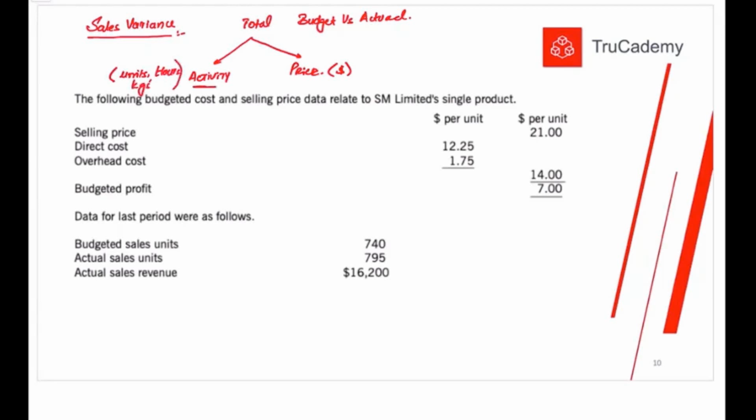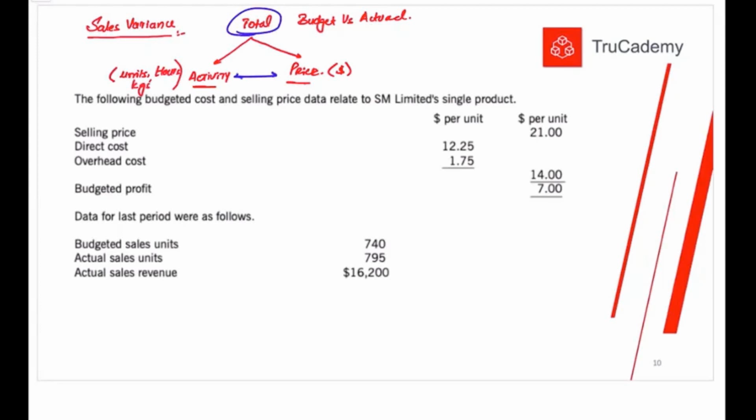Now, these are not separate variances. The sum of activity variance and price variance will always give you the total variance. So activity and price variance or cost variance is a further breakdown of the same total variance.